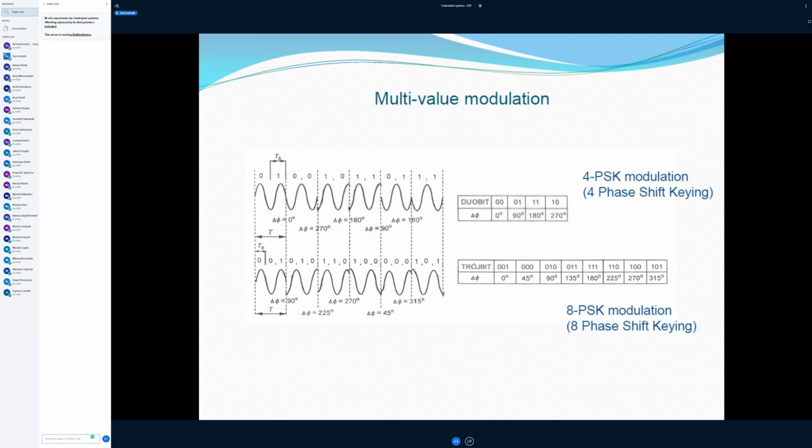And that's why we also have different units for bit rate, which is bits per second, or kilobits per second, or megabits per second, and, not so often used nowadays, bauds.